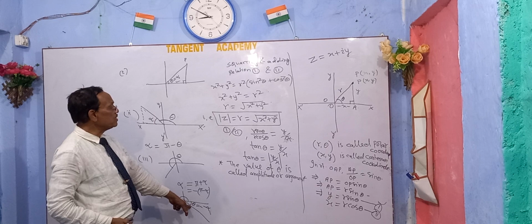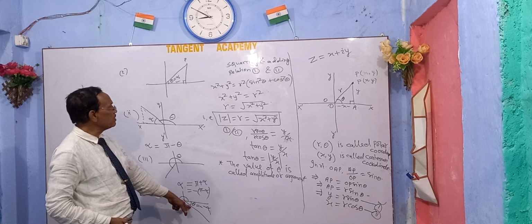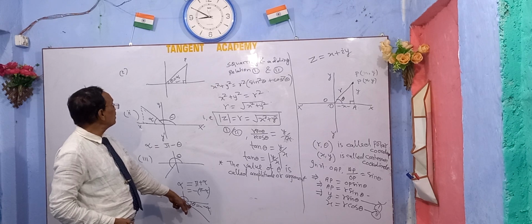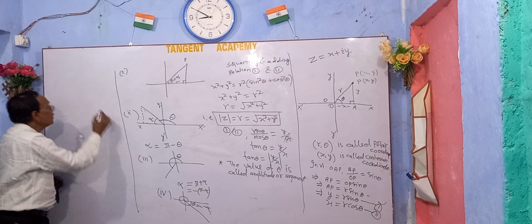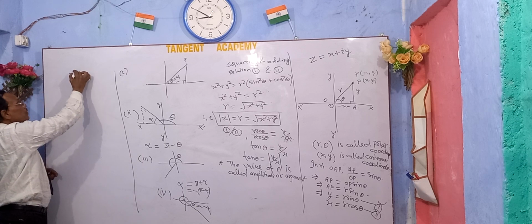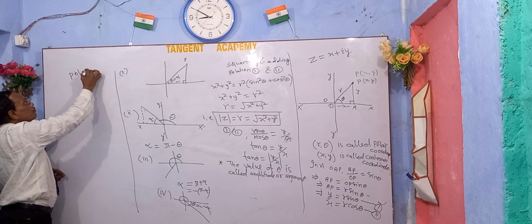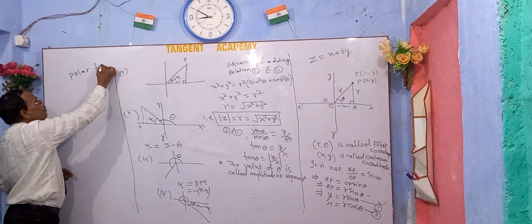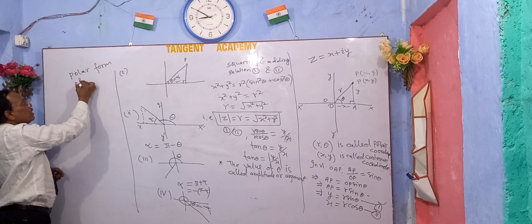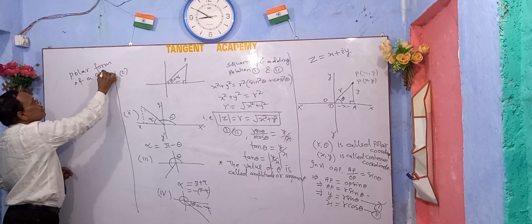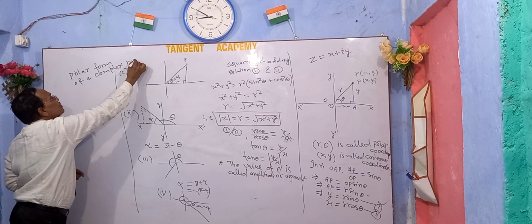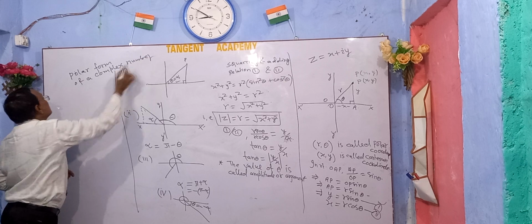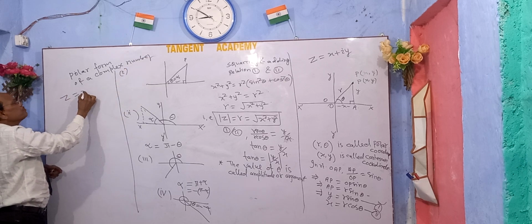So I will take a question on argument and polar form. What is the polar form of a complex number z is equal to x plus iy?